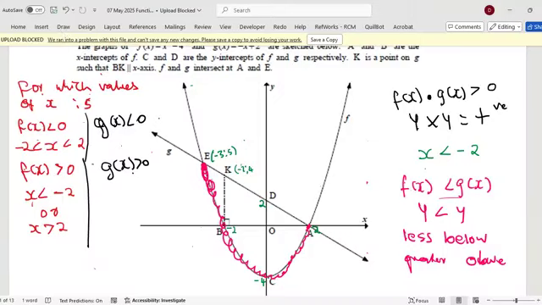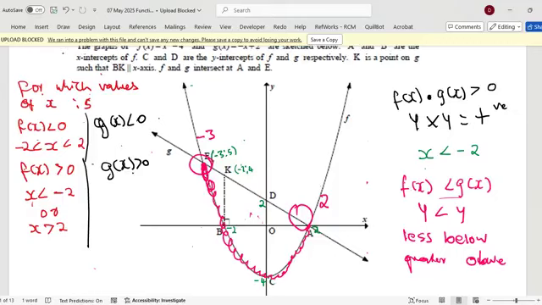If I am right, what is the x value at this point? -3. What is the x value at this point? +2. So between -3 and +2, the f graph is smaller. Why am I saying it's smaller? It's moving below.